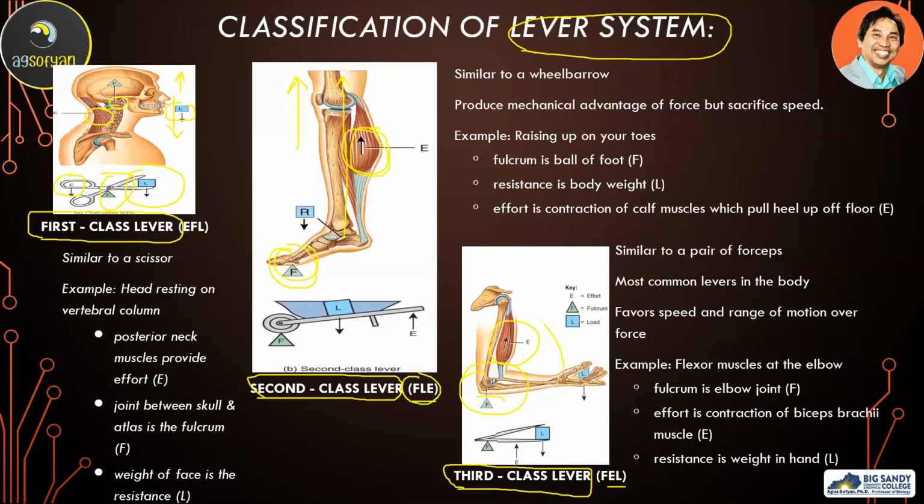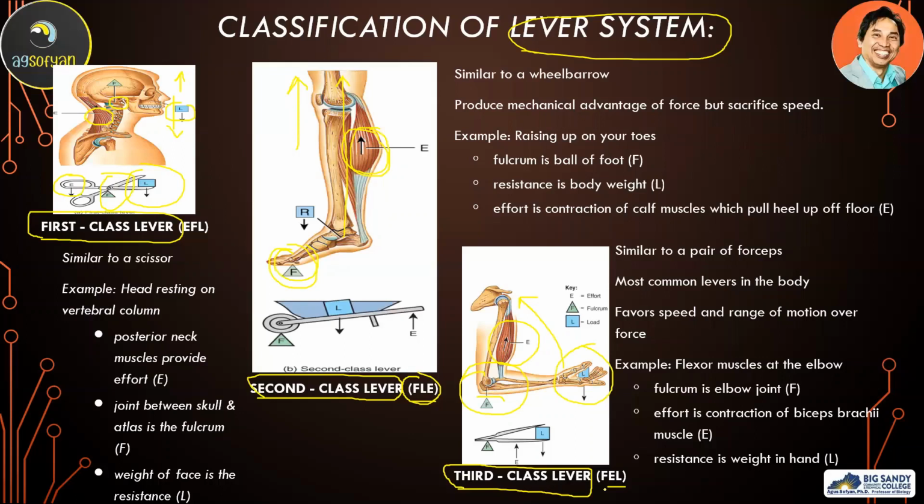It will flex our elbow. It will lift our lower arm. This is flexion. And our hand over here is the load. So FEL, this is the third class of lever.